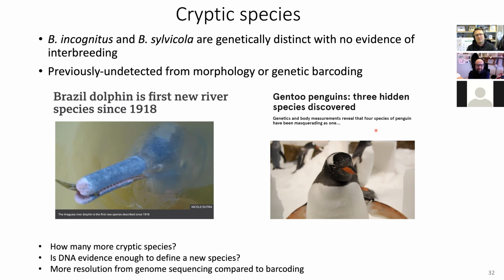So it's interesting to me whether we're likely to find more cryptic species from doing these kinds of large-scale population genomics surveys, and there are certainly examples of how these kinds of findings are coming out in recent times. So I think it's interesting to speculate about how many more cryptic species might be out there when we start looking at biodiversity more in this way.